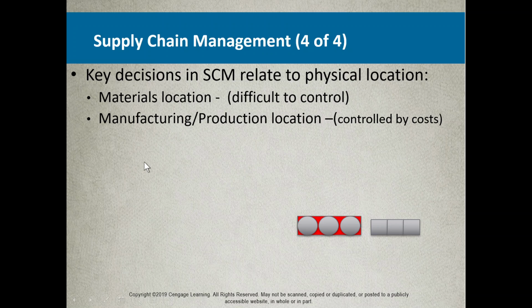The manufacturing and the production locations are easier to make decisions on where to put them. For example, right now, Tesla Motor Company is putting a new factory in Texas, because they're trying to get the factory located closer to the people that will be working in that plant.